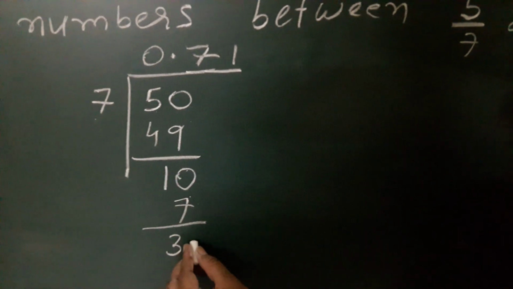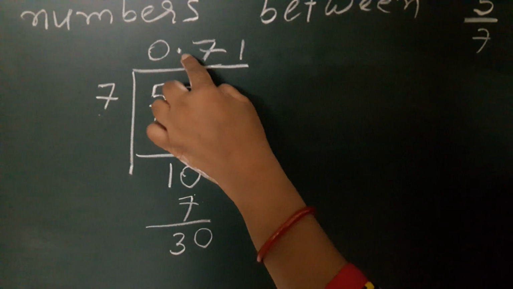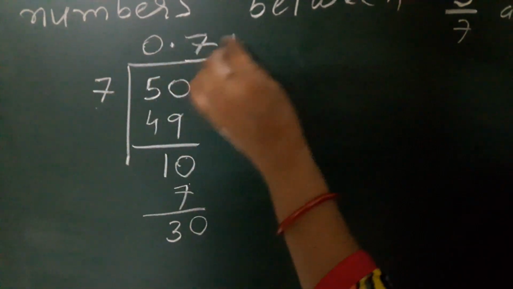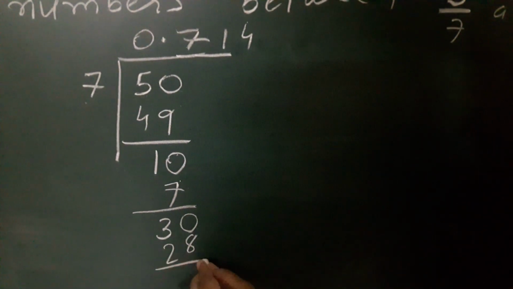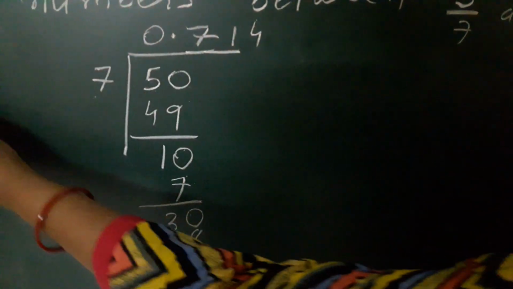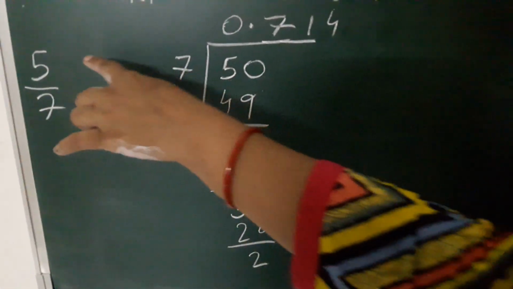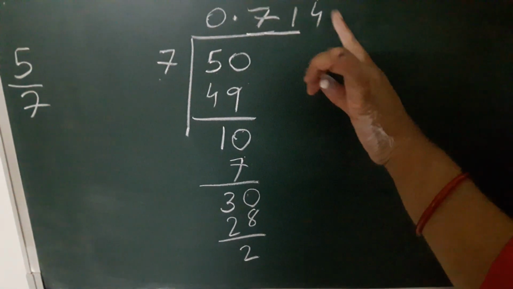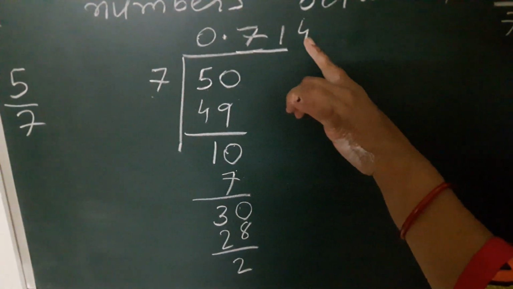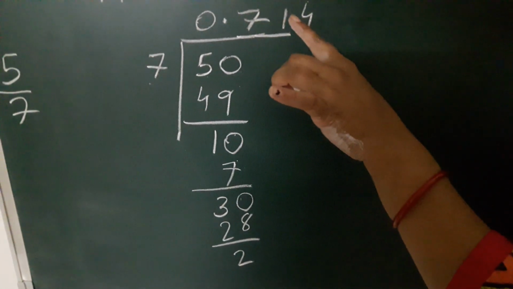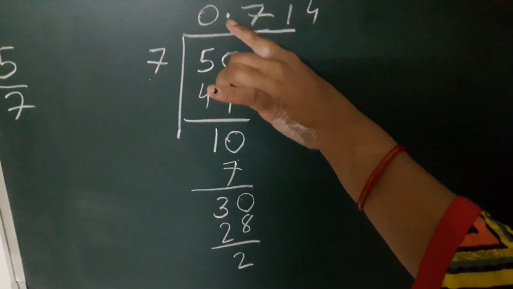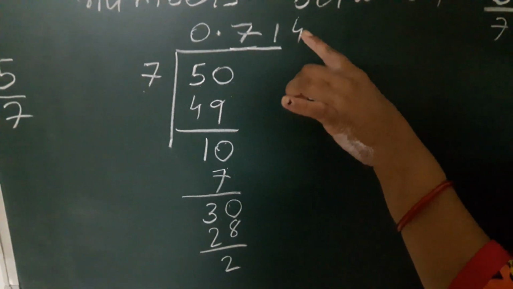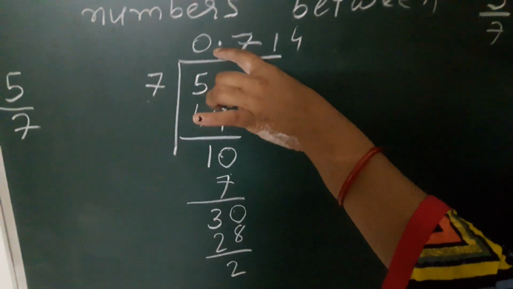Also if we put a 0, because here we have a decimal point, we obtain 30. 7 4s are 28. Again remainder 2. Now 5 by 7 is a rational number, so either it is terminating or non-terminating recurring. So here it is non-terminating recurring, and we have to take only 3 digits after the decimal point.